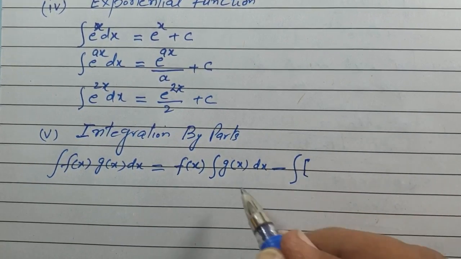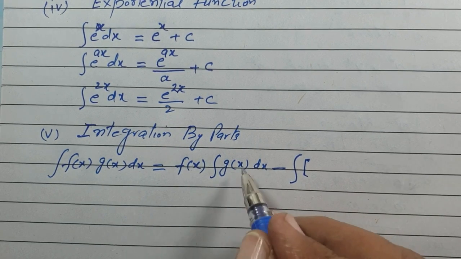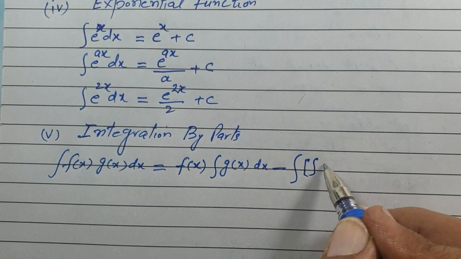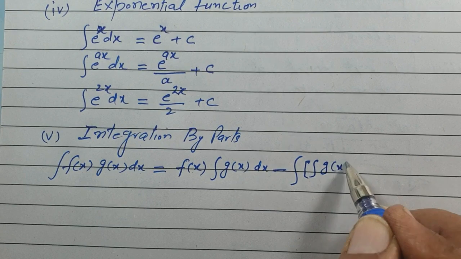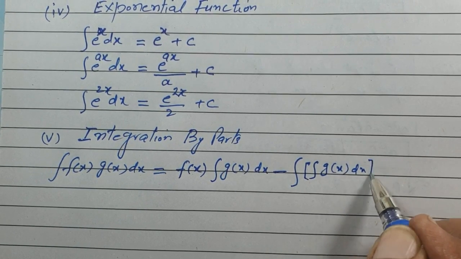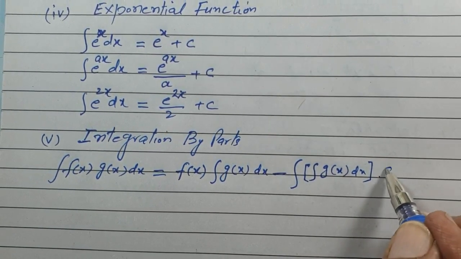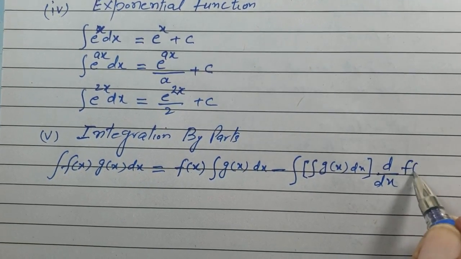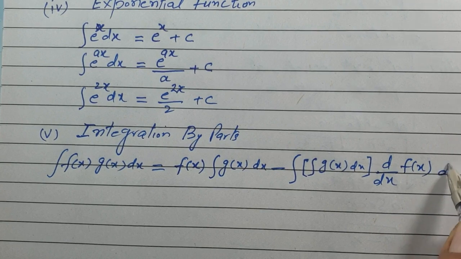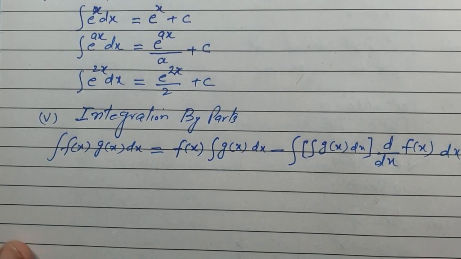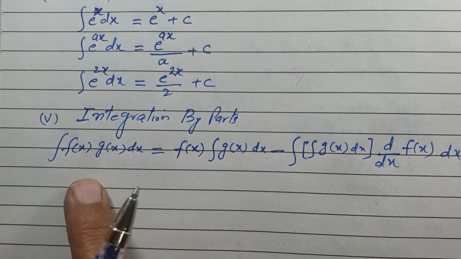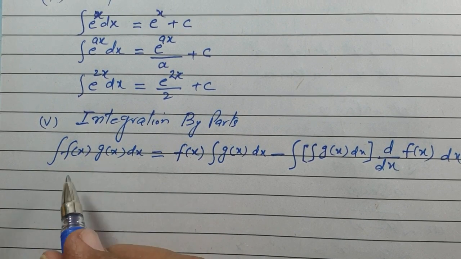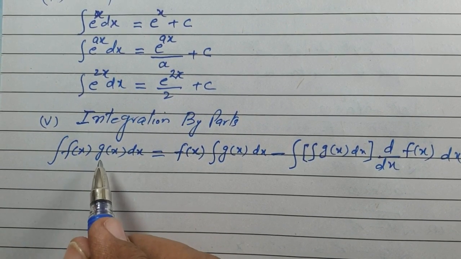Here it is not a specific function, therefore we write this integral. The main answer is written here, into derivative of the first function, dx. This is the procedure to evaluate the integral when two functions are given here.